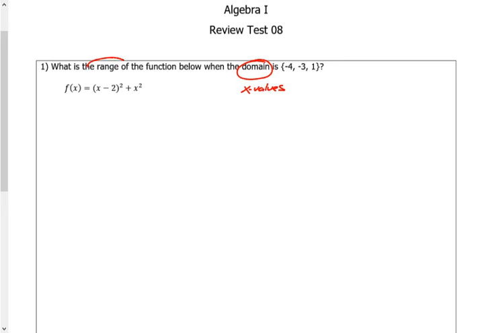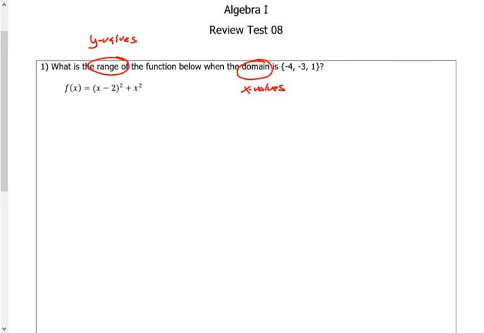And the range means y values. So what does this question actually ask you to do? It wants you to take those values and plug them in for x and see what you get for y. So let's take f of -4, f of -3, and f of 1, and we'll see what we get.